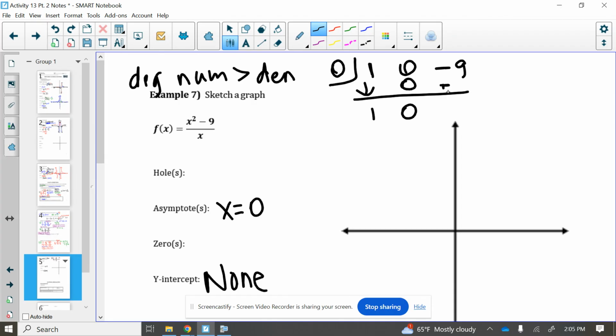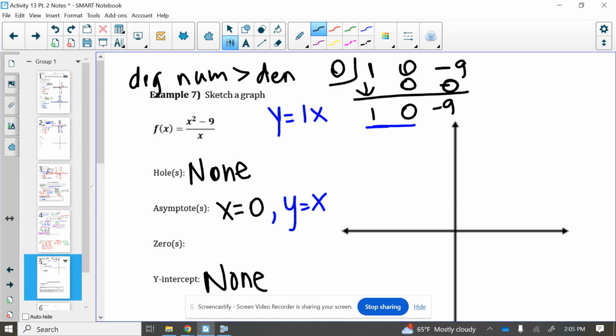What we're going to notice here is that our slant is at y equals 1x plus 0, or y equals x. And then we don't have any holes this time because nothing canceled out. If we factor the numerator and denominator to see that, we have a difference of squares. And again, nothing's canceling out, so no holes.